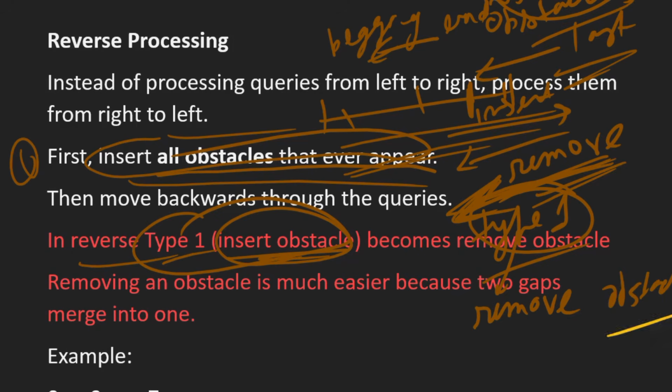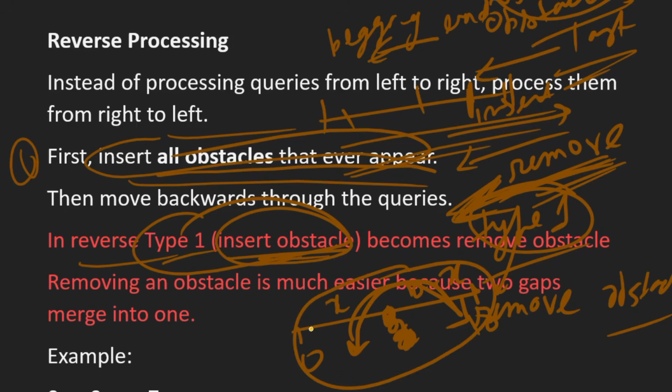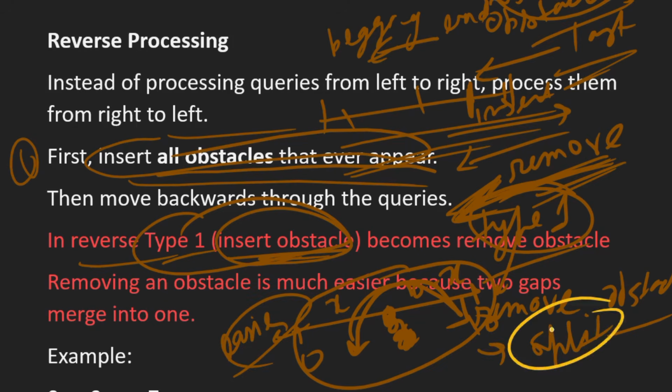Removing the obstacle means we have, let's say, two gaps. Suppose we have 0, we have 10, and we have an obstacle at x. We have the gap x and the gap 10 minus x. When we remove this obstacle x, we need to merge these two gaps. Merging gaps is easier for us compared to splitting a gap.